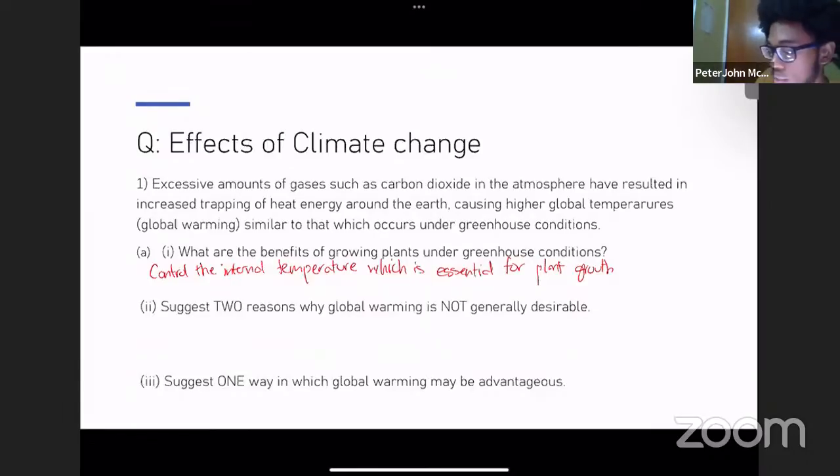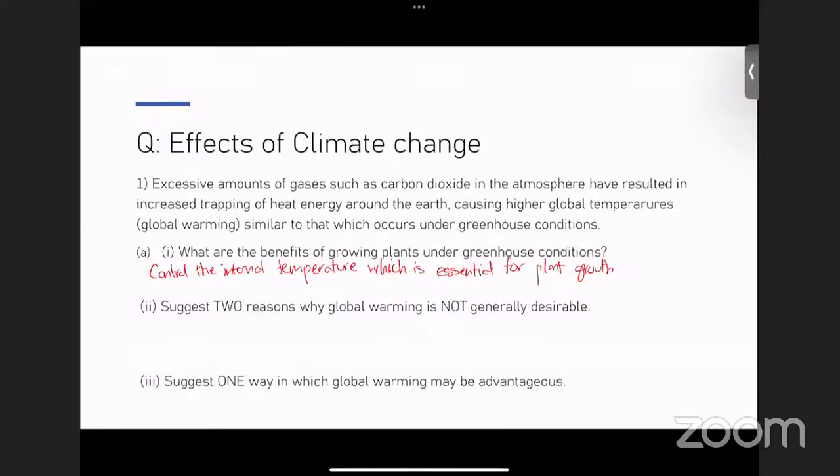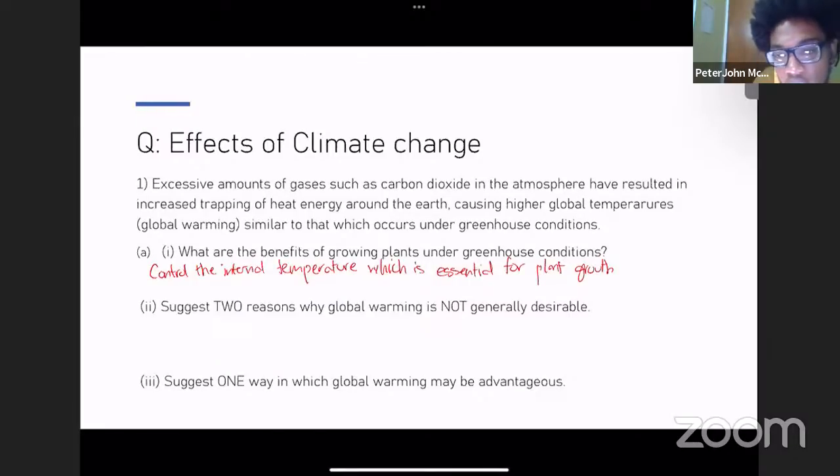For the next one, can somebody suggest 2 reasons? Control the concentration of carbon dioxide. Is not generally desirable. Oh no, I thought you had to give more than one benefit for growing plants. Honestly, I don't know any more benefits for greenhouses.